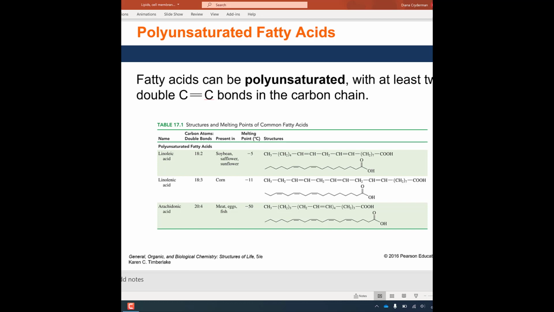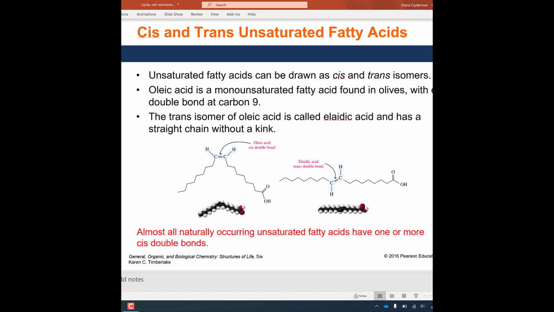Okay, and so if you remember back when we talked about alkene functional groups, those double bonds, of course we have the functional group of the carboxylic acid here, but in any place that we have an unsaturated item, we also have an alkene functional group, and of course then we could have a cis or trans. And if you remember, cis means same side and trans means opposite.